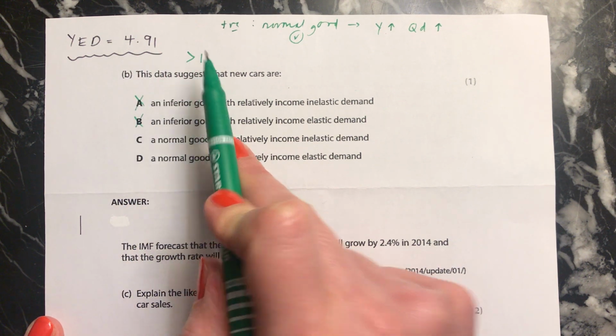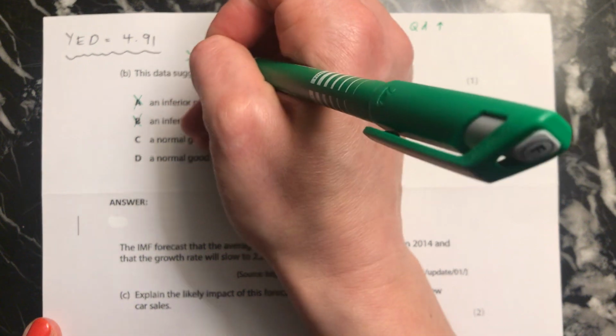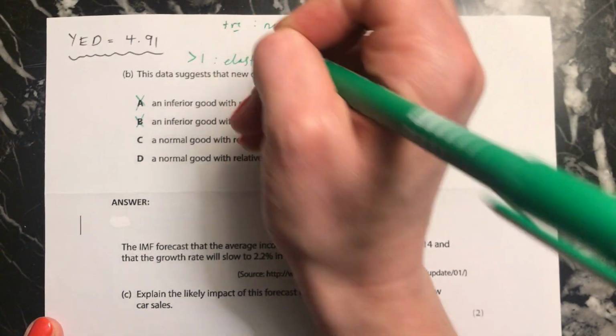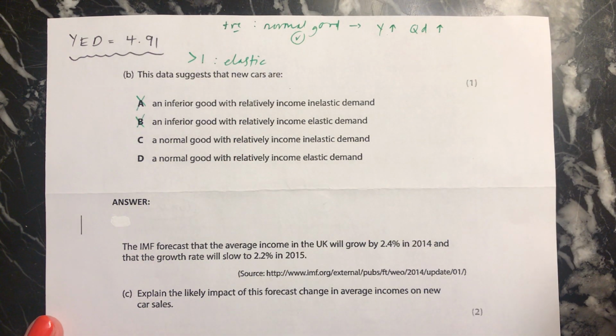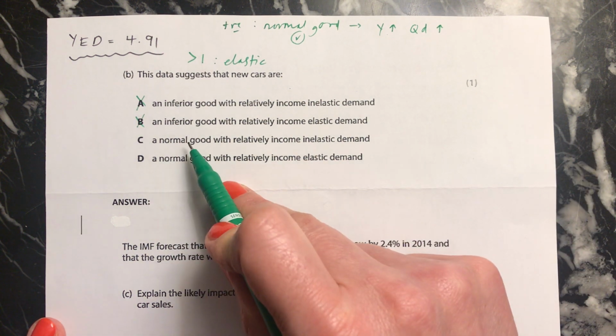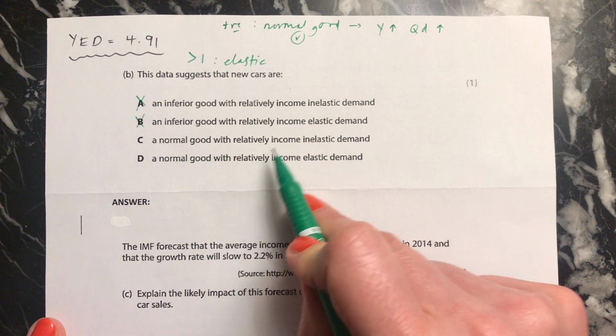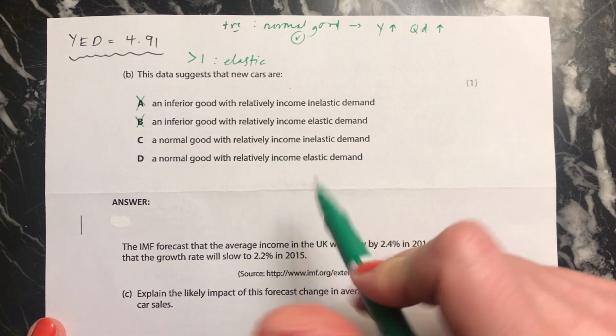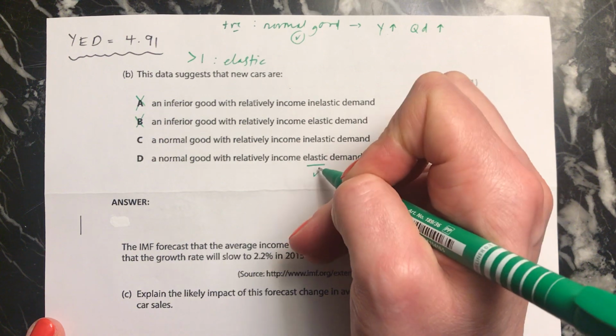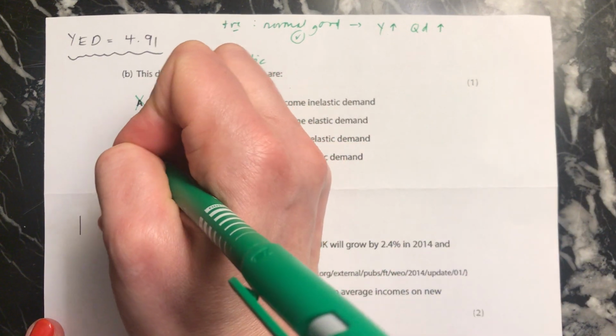If it's greater than 1, we know that it is elastic. So a percentage change in income causes a greater percentage change in the quantity demanded. So we know that this is a normal good, and we know it's relatively income elastic. This is true. So therefore the answer is D.